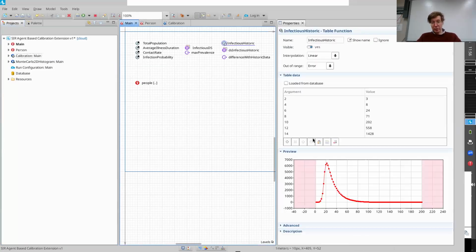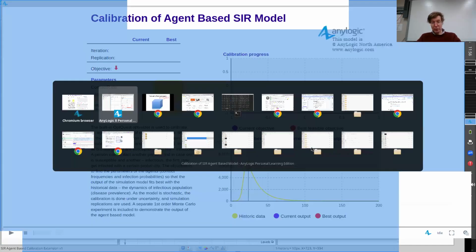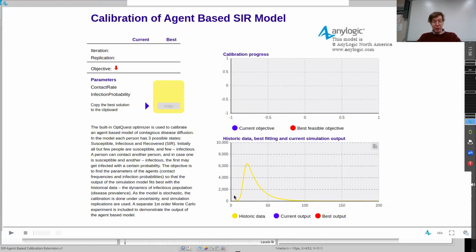It's this data here. Goes up to just over 6,000, and then comes out. This matches the kind of common shape you'd expect in infectious disease. This is the sort of exponential growth phase where more infectives breed more infections, breed more infectious individuals, etc. This is where recovery dominates.